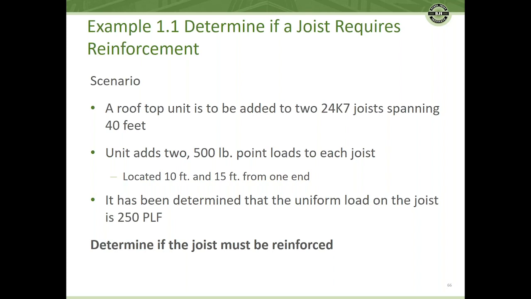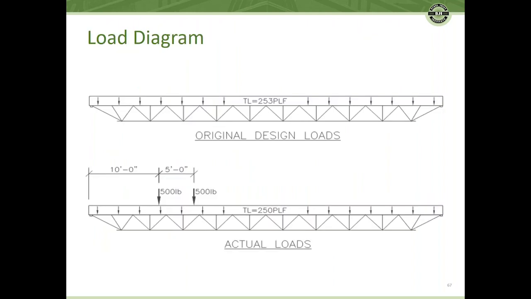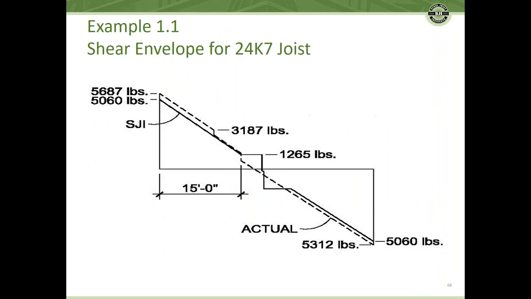So determine if the joist needs to be reinforced, and we're going to look at this a couple different ways. The original design is a uniform load of 253 PLF. The actual is 250 with these 2 concentrated loads.